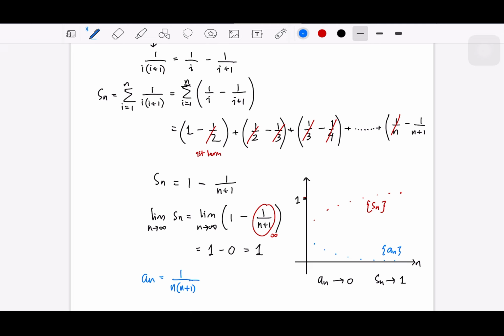So be careful when reading some text or questions, and you need to distinguish between the sequence and the series. The sequence is just a number. The series, you need to add the numbers.